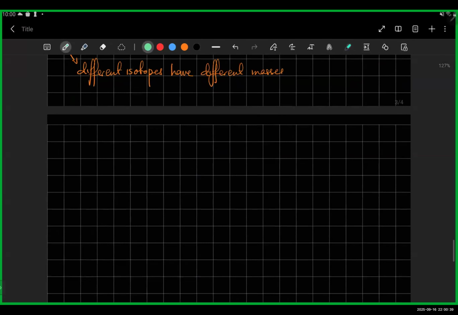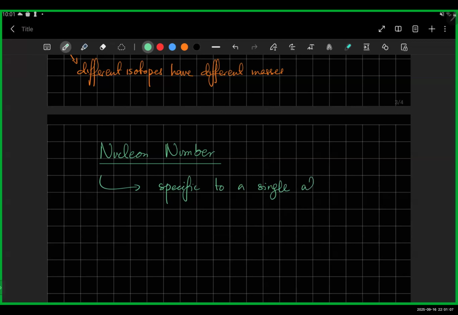Now coming back to the point, which is nuclear number. वो क्या था? What was the nuclear number that you studied so much? So the nuclear number. Now, the first thing is the nuclear number is specific to an atom, and it's specific to a single atom. Like you just have one atom, right? Just a single atom.